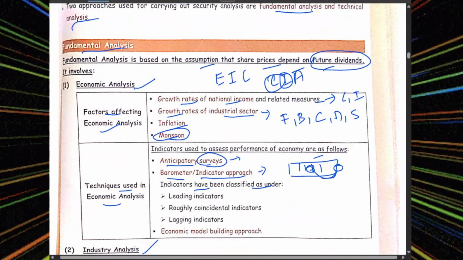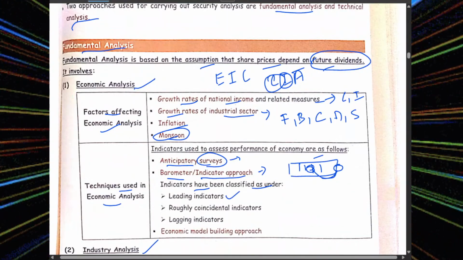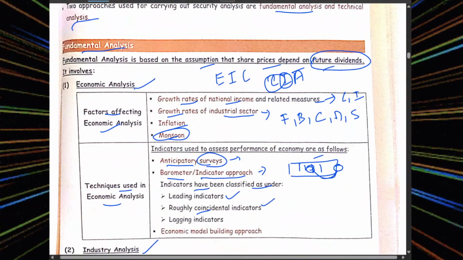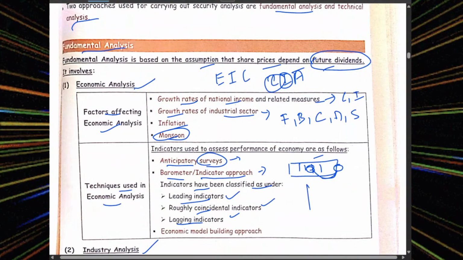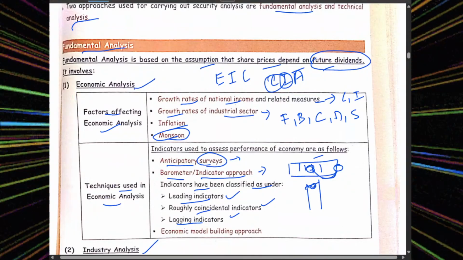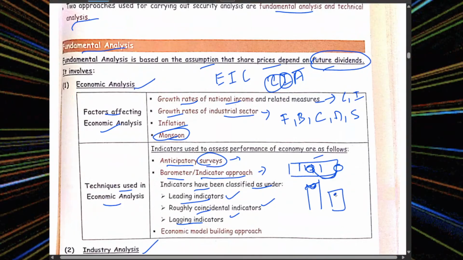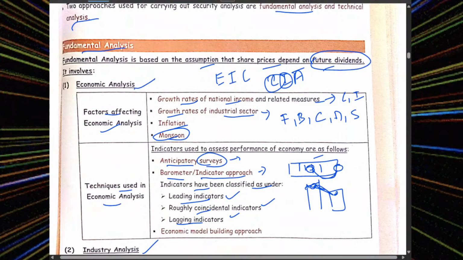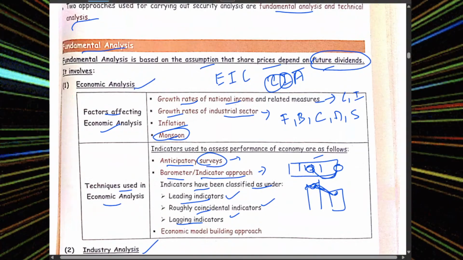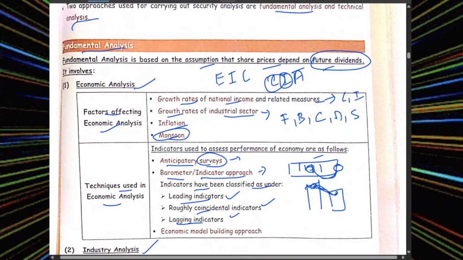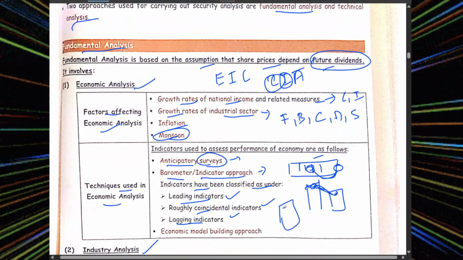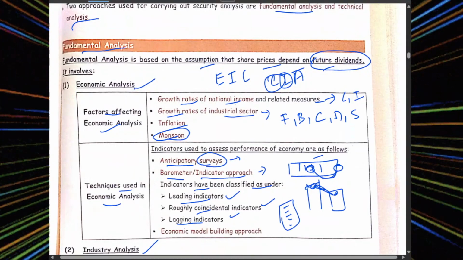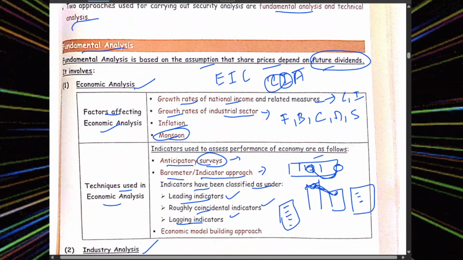Indicators are classified under leading indicator, rough coincident indicator, and lagging indicator. Leading indicator: the top leading company, we will see what its growth is and what our company's growth is, and compare that. And then rough coincident indicator. We will see the balance sheet and compare how the same balance sheet looks with any other company's balance sheet.